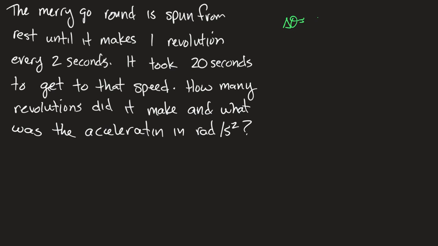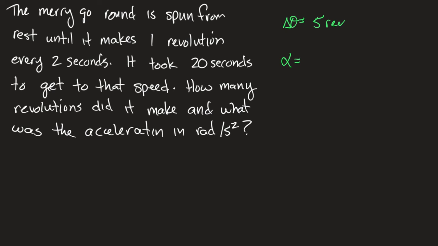So I have delta theta equals 5. The acceleration equals 62 point... No, it can't be 62.8. I think I divided wrong.